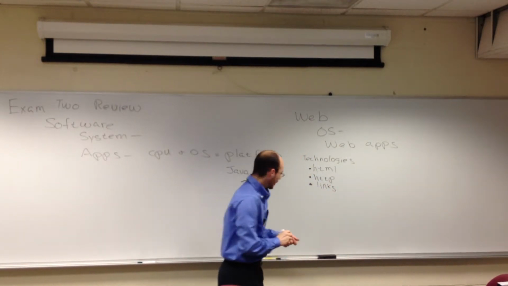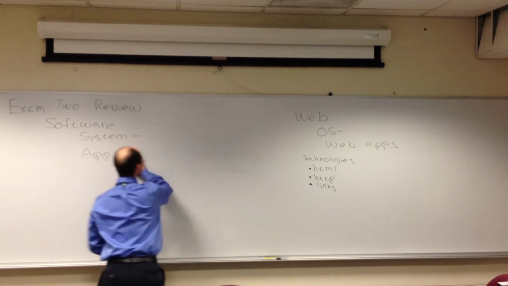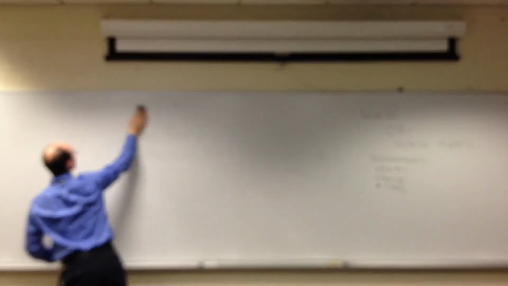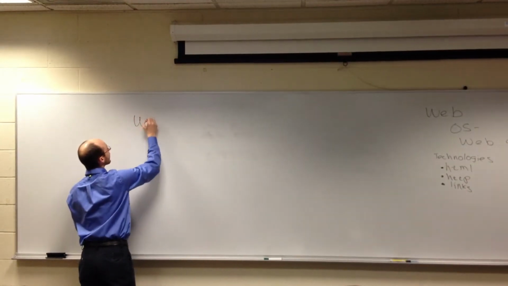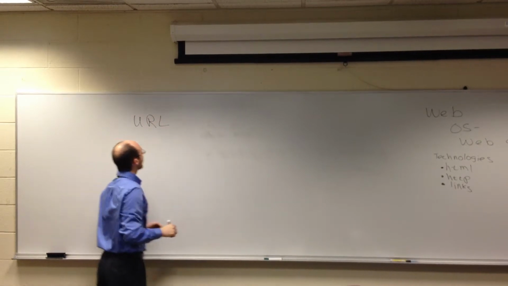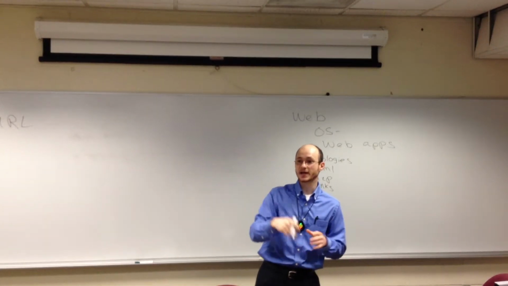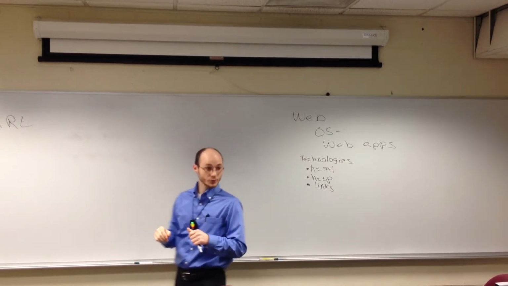Now, I like to take the word links and replace it with the word URLs. What does URL mean? What does the U mean in URL, Adam? Wendy, what does the R mean? Very generic. I've been throwing this out. Instead of calling it files, I called it resources.